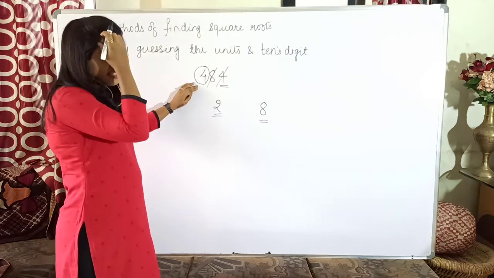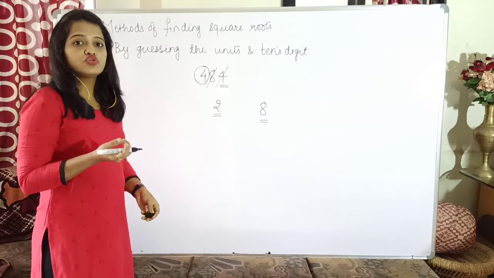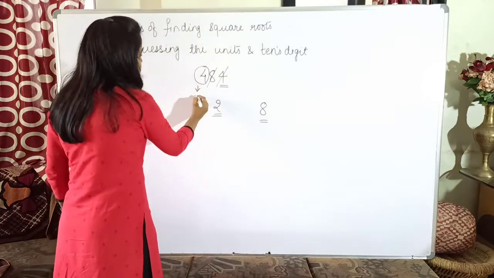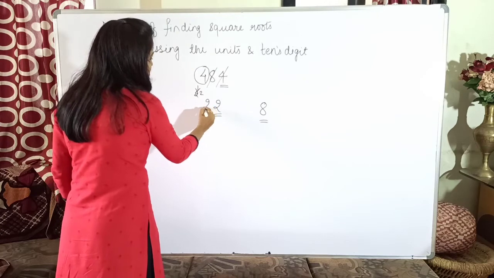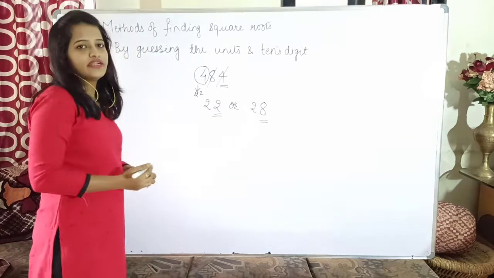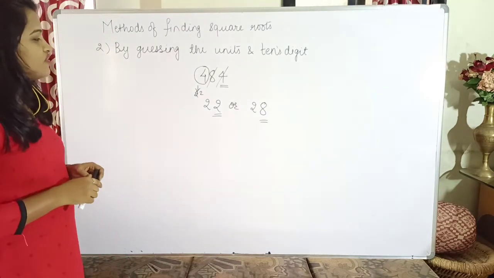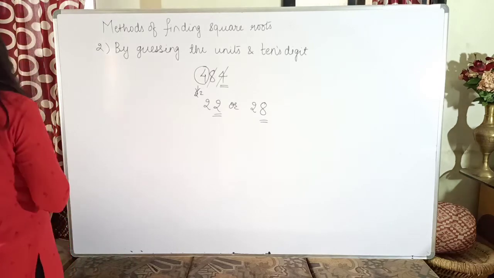Here, since 4 is a square, it is the square of 2. So here it will be either 22 or 28. So among 22 and 28, 484 will be the square of what? 22 or 28?